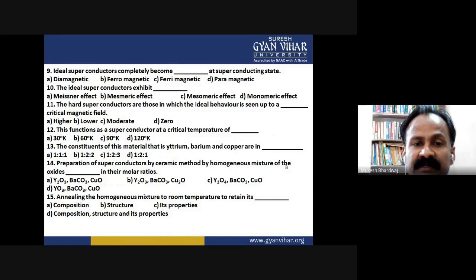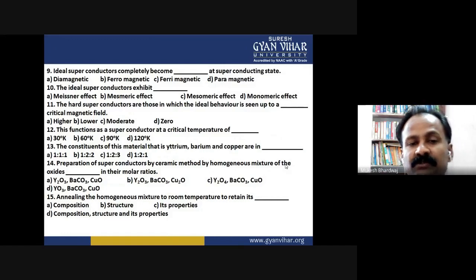The ideal superconductor exhibits the Meissner effect. The hard superconductors are those in which ideal behavior is seen up to a critical magnetic field: higher, lower, moderate, zero.